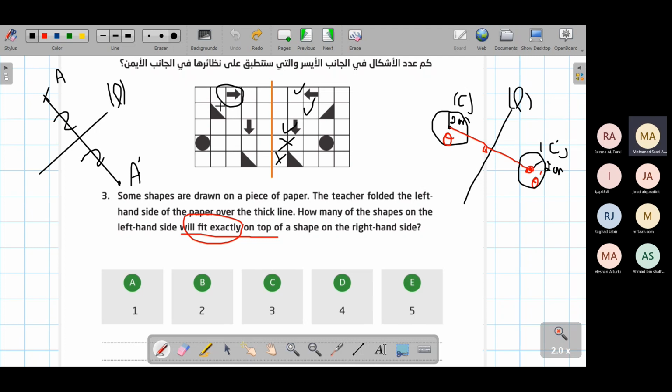Then try to do the same example. You will see that only 3 of the 5 shapes will fit exactly on top of the shape from the left hand side and from the right side. Okay, this is Jude or Ragad? Jude.